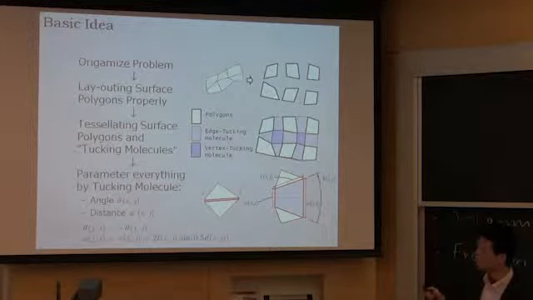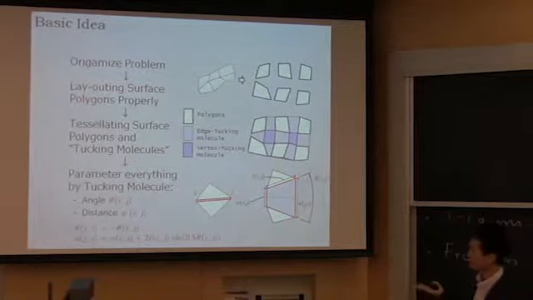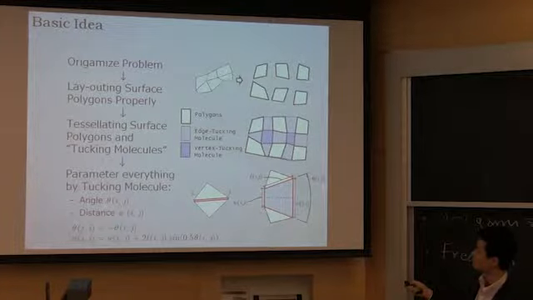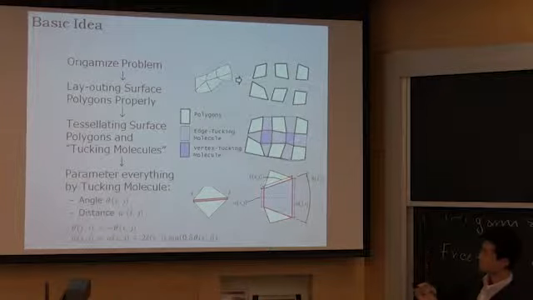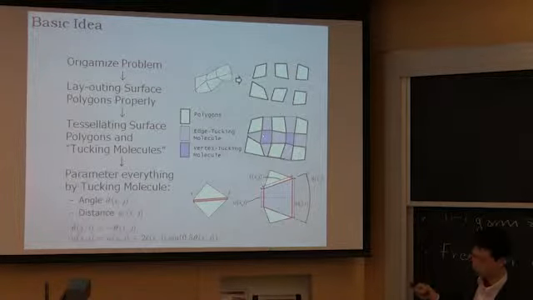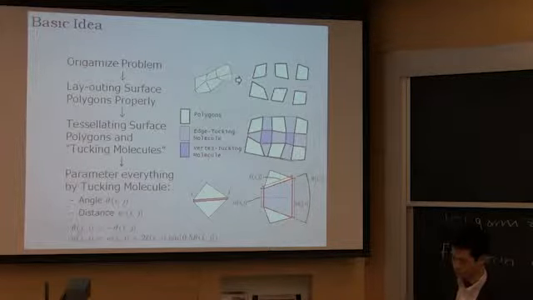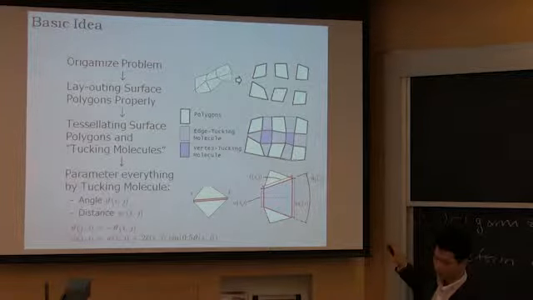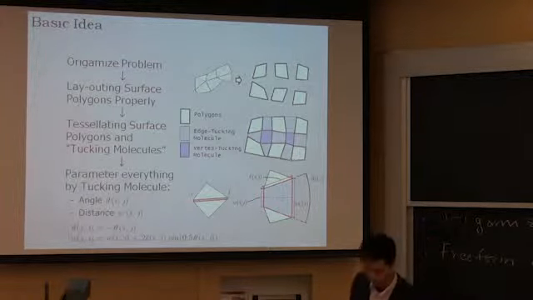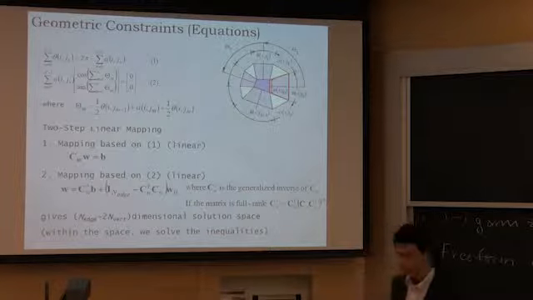And by properly aligning, we can get the edge tucking molecule that follows edge to edge, and the vertex tucking molecule which follows vertices to vertex, and we can pack them and tessellate the surface with these elements. And we can parameterize this configuration, and we can solve it by solving non-linear equation and inequality conditions. So that's the basic idea.